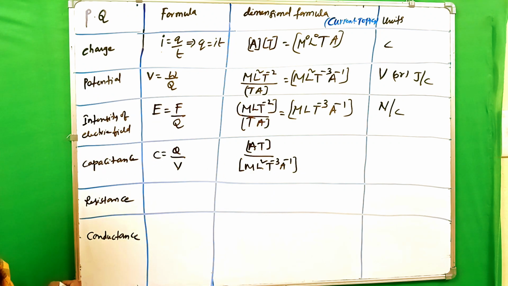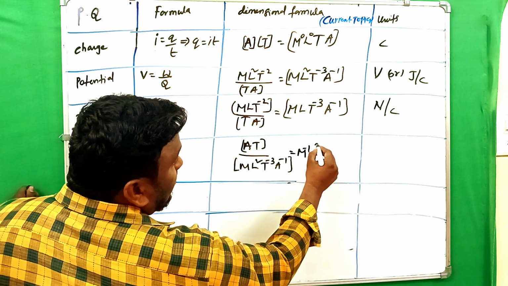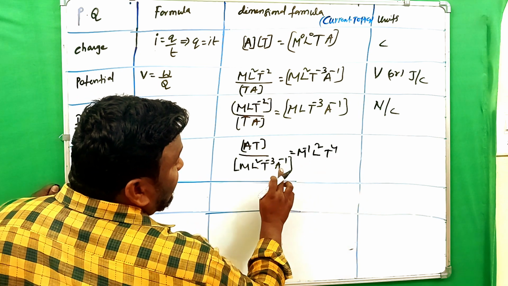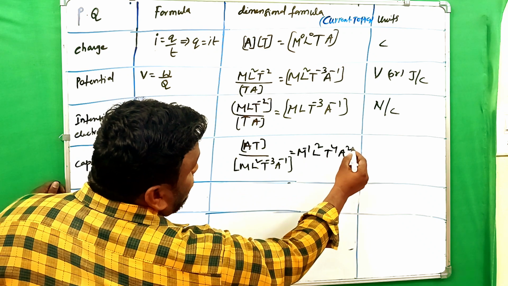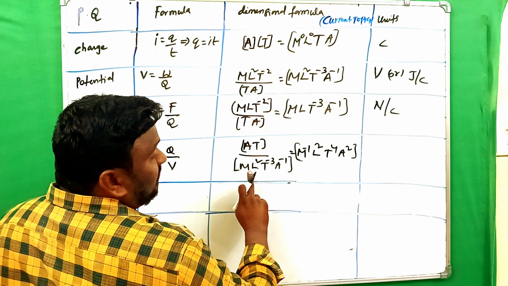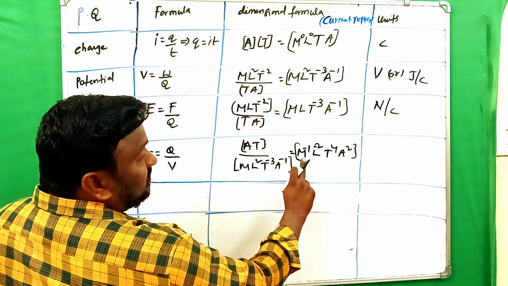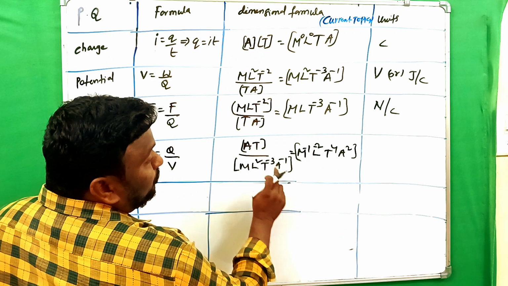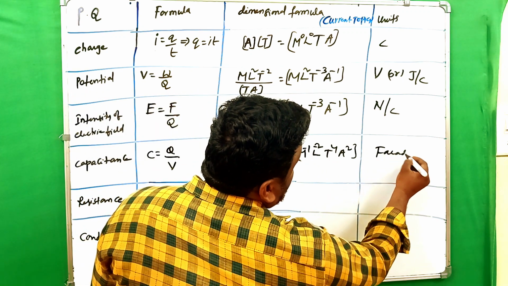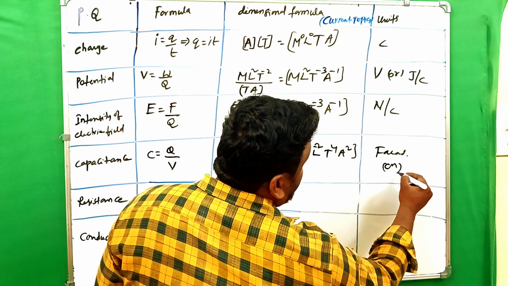So C is equal to Q by V gives M inverse 1 L to the power of minus 2, T to the power of 4 and A square. This is the dimension formula of capacitance. Its unit is farad, which is shown as capital F.